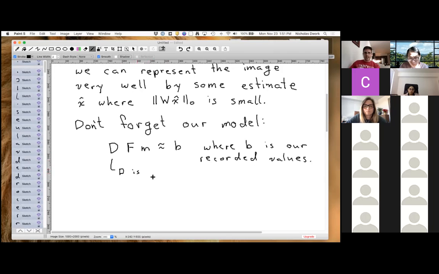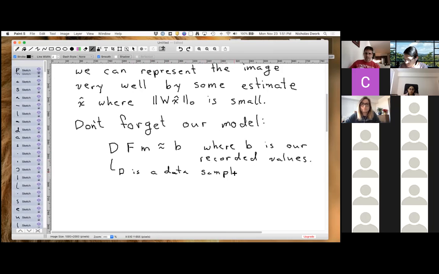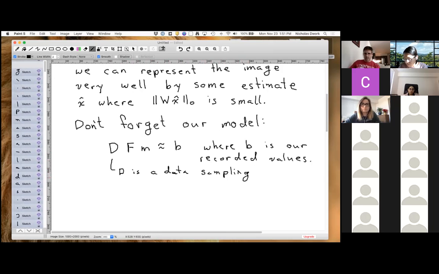D is a data sampling mask. I forgot to include it in the parallel imaging portion, but it should have been there as well.